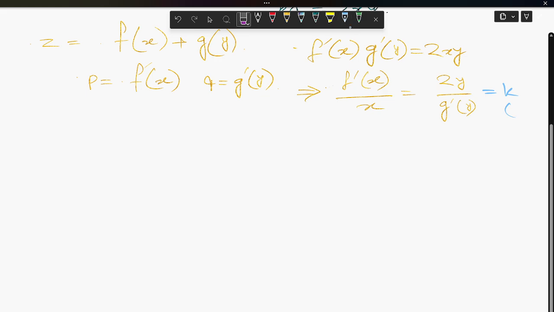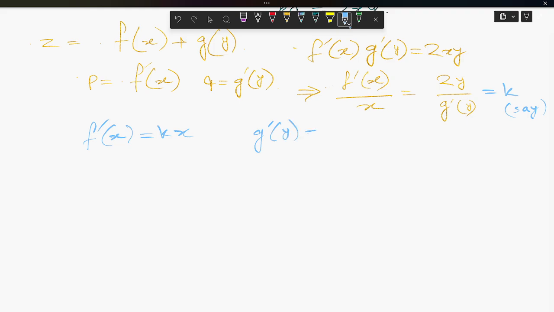So we can write that our f dash x is equal to kx, and 2y upon g dash y will be equal to k.